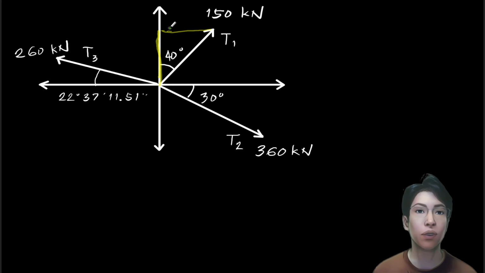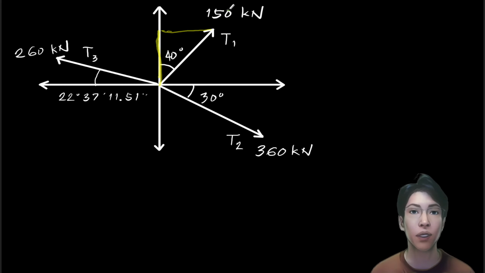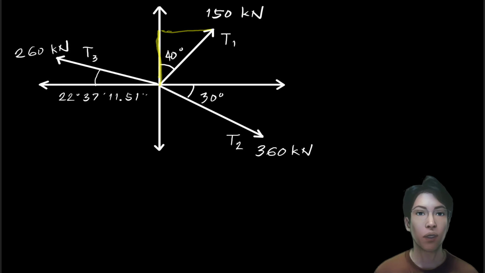So this is now your x component and y component of the force T sub 1, representing tugboat number 1. And the force exerted is 150 kilonewtons. To get the x component, we have the given angle here.